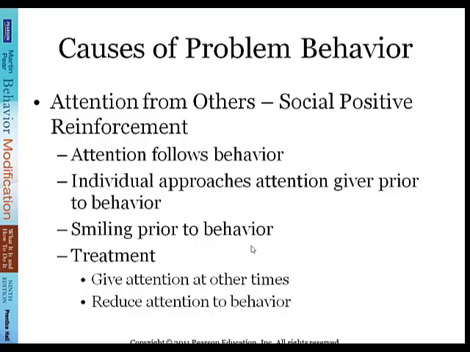The child or the individual, whoever it may be, will not have the problem behavior when he or she is alone, and will probably not have the problem behavior in front of people whose attention they don't want or whose attention they're not going to get. So if the teacher never pays attention when they do the behavior, then they're probably not going to do the behavior in front of the teacher. Instead, they're going to go find someone who will pay them attention. So like I said, this could be a family member, this could be peers, whatever the case may be.